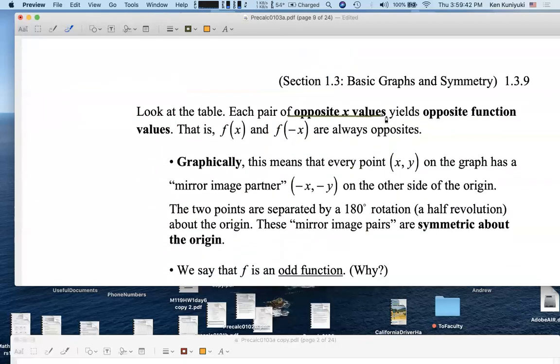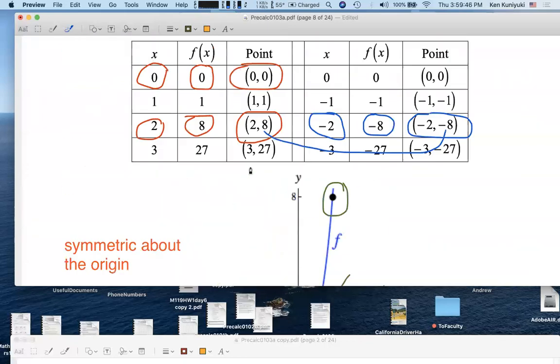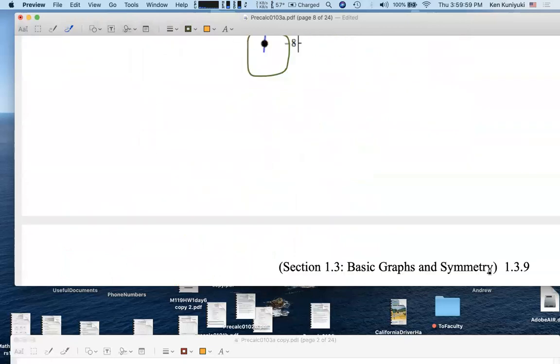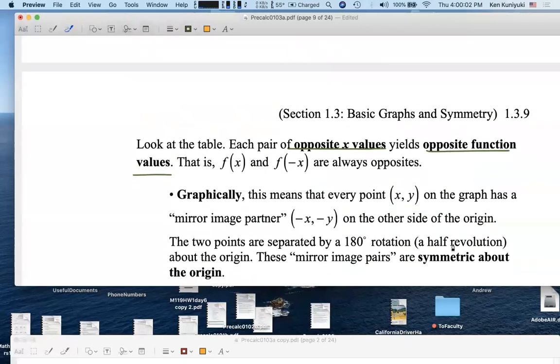Opposite x values yield opposite function values. Okay. Again, 2 and negative 2 lead to opposite function values, 8 and negative 8. Opposite x values lead to opposite function values. f of x and f of opposite of x are always opposites, where x is in the what of the function, the domain.